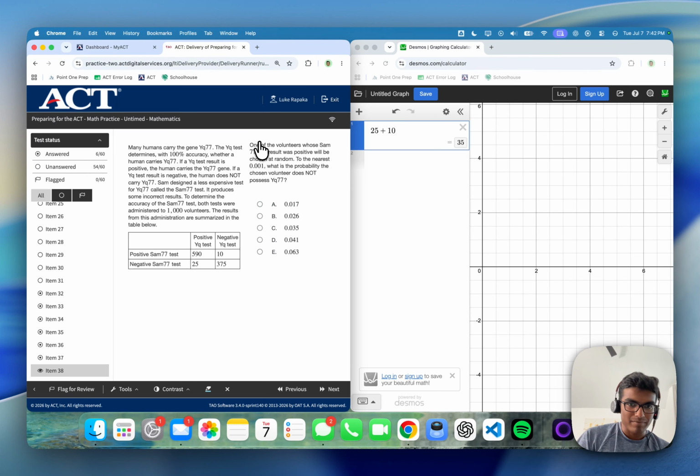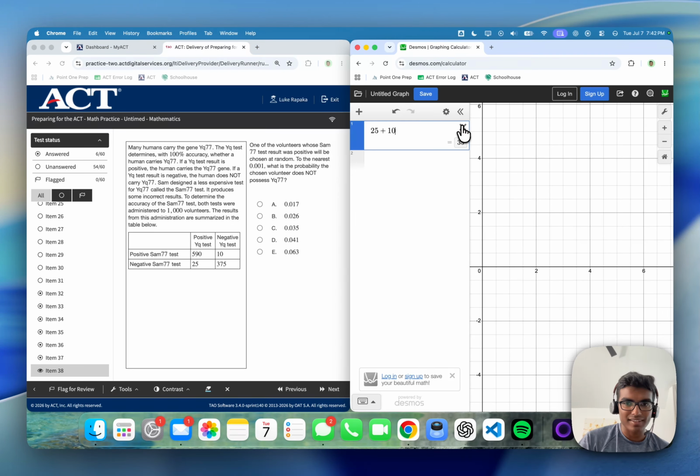All right. One of the volunteers whose SAM 77 test was positive, 600, will be chosen at random. That means that's going to be the denominator. To the nearest 0.001, what is the probability the chosen volunteer does not possess YQ77?